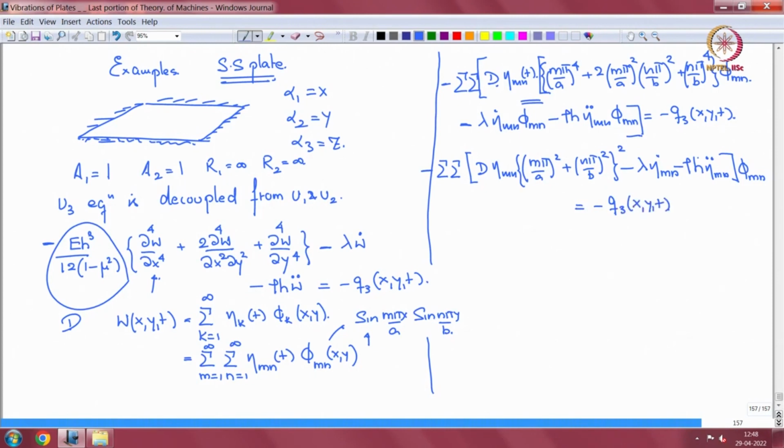is equal to minus q3 x comma y comma t. So I've told you before that this part d into this part is rho h omega mn square.